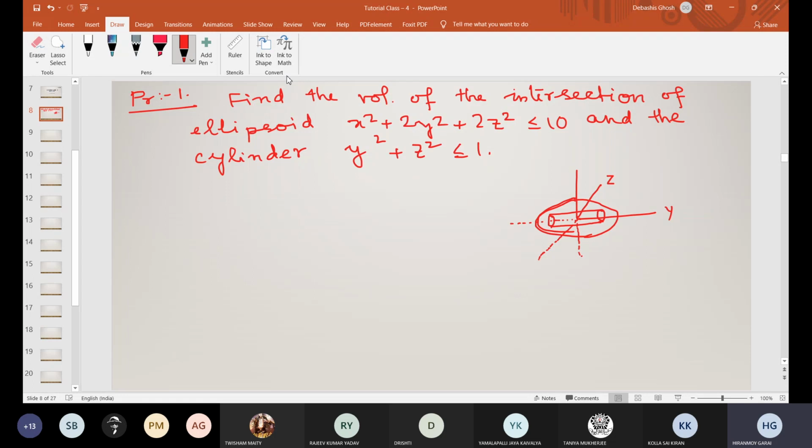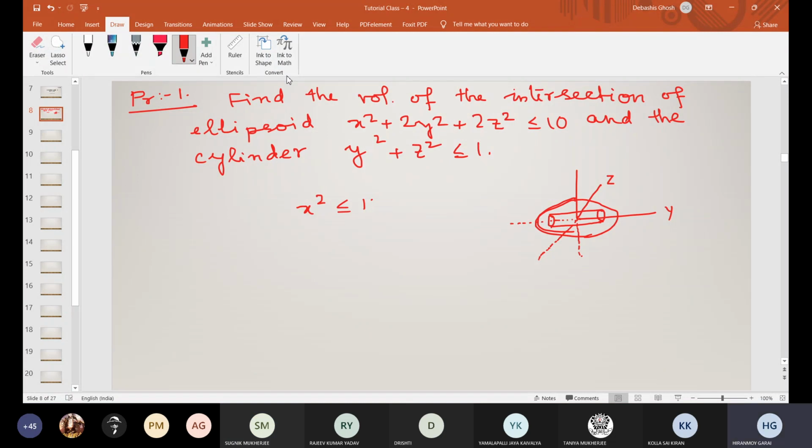So if we consider that y square plus z square is 1, then x square has its range, which is less than or equal to. But the base of the cylinder should lie in the YZ plane. Yes, we are considering that YZ plane.